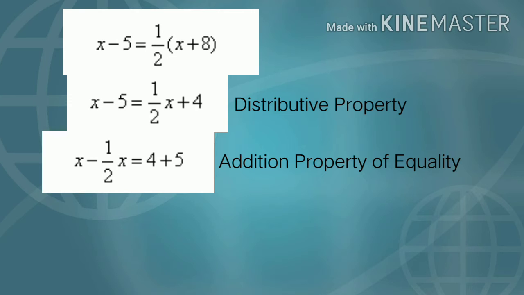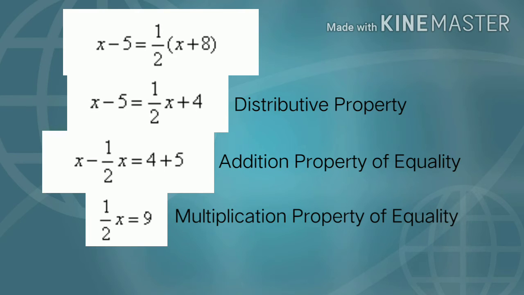So, on the left side, it will become x minus 1/2 x equal to 4 plus 5. Then, x minus 1/2 x is 1/2 x, equal to 4 plus 5, which is 9.